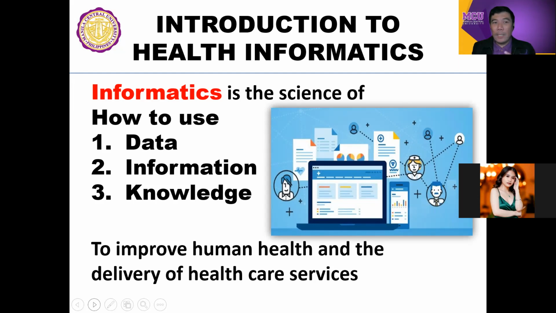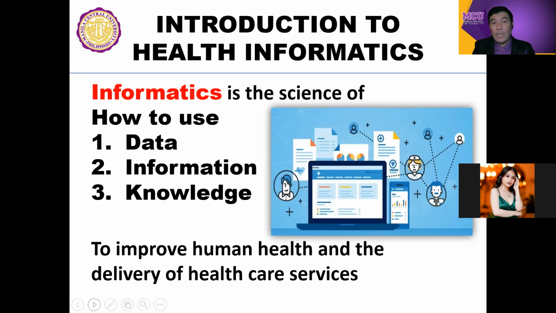That's why it highlights what we call the nursing process. So informatics in general is the science from the time you gather the data, how you utilize the data, and how this data will be significant depending on its purpose.